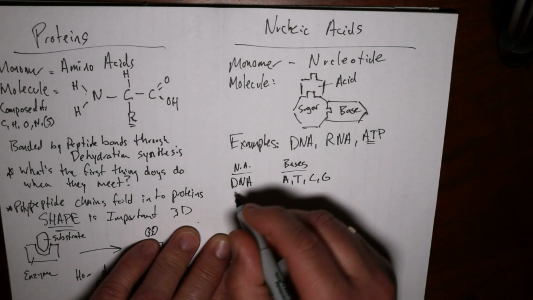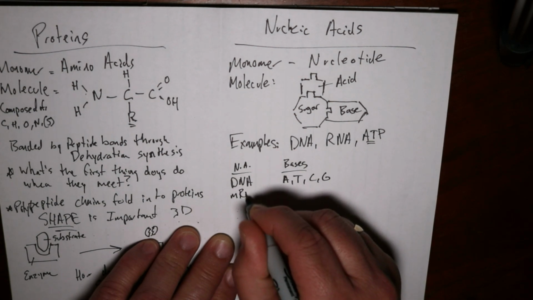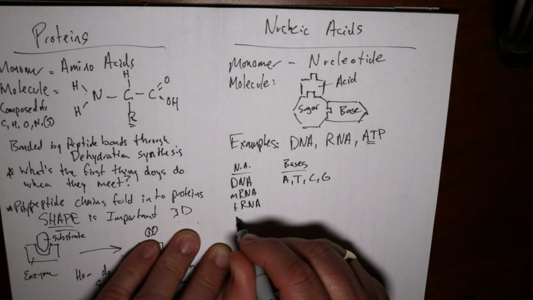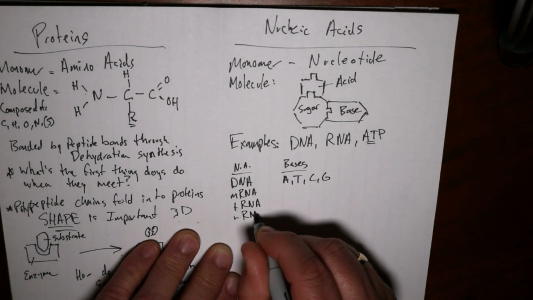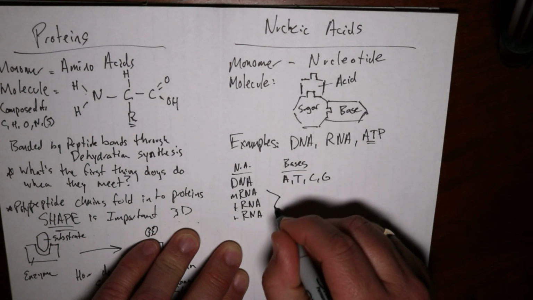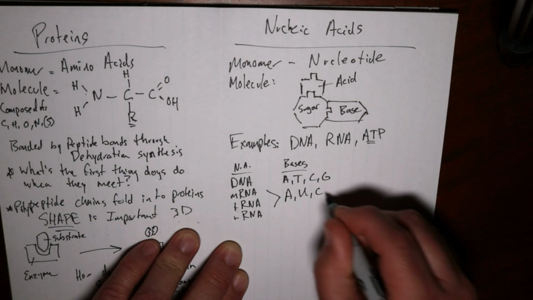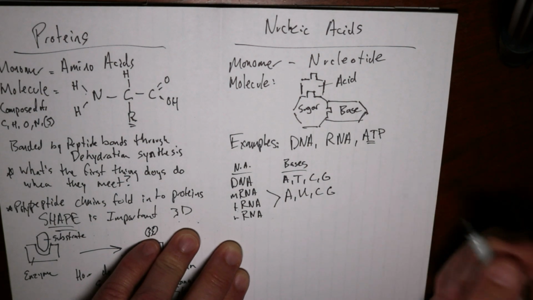If we are looking at mRNA, tRNA, or rRNA, we have an adenine, no thymine, uracil, cytosine, and guanine.